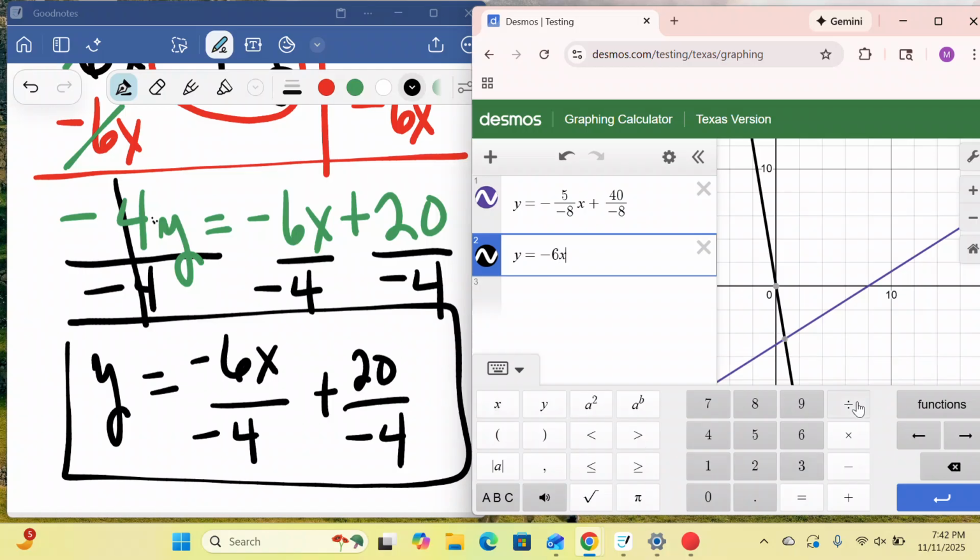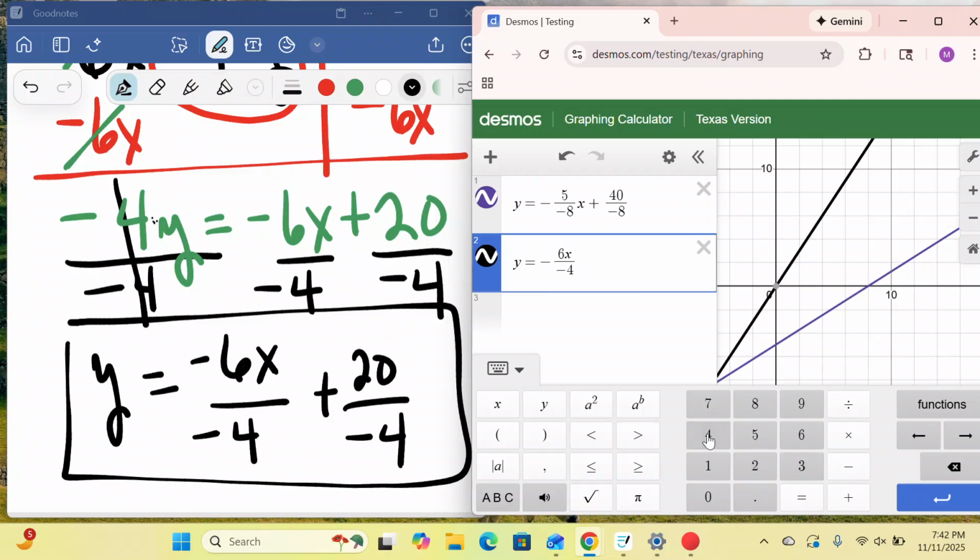And then I'm going to divide it by negative 4. And then I'm going to put my space here. I can already start seeing my two linear equations, my two systems, starting to form. And I already know my point of intersection because that is one of our questions. Positive 20 divided by negative 4.